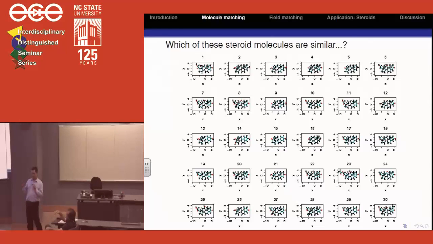So all molecules move around, okay? So the atoms move around. These are pretty rigid, and actually steroid comes from the Greek term, I've forgotten exactly what it is, stereos or something like that, which actually means rigid. So they're quite rigid molecules.